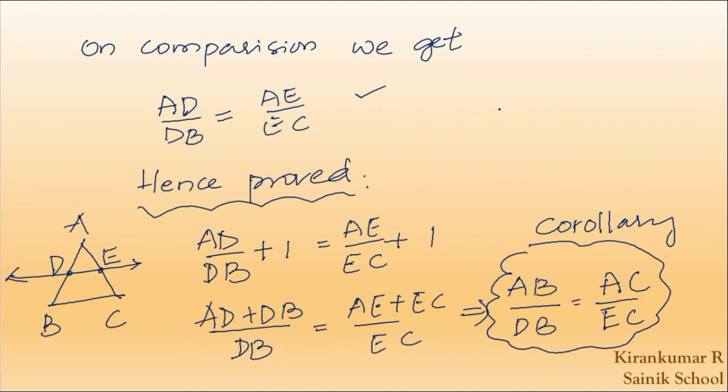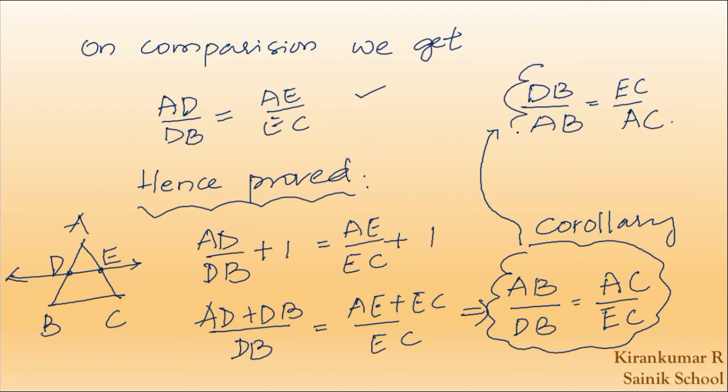We can also consider the reciprocal of this. We get DB upon AB equal to EC upon AC. Let me call this corollary 1. This one is corollary 2.